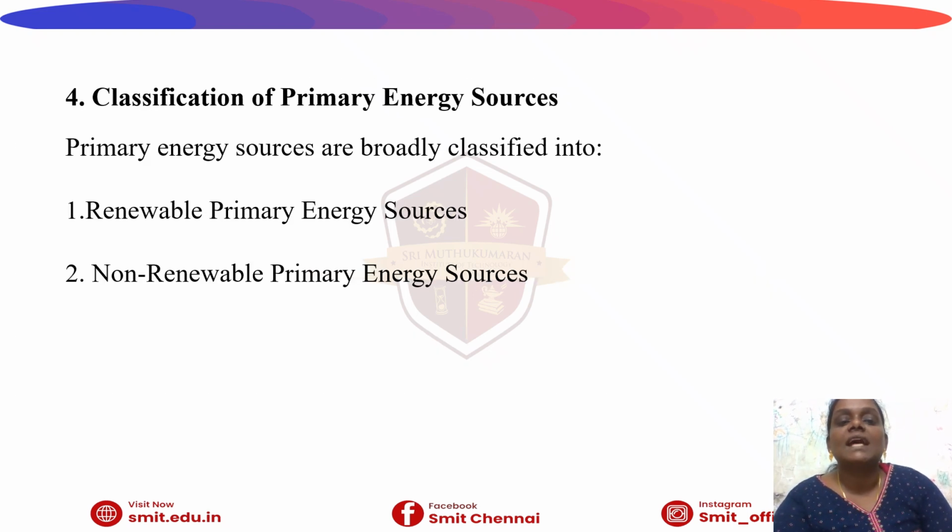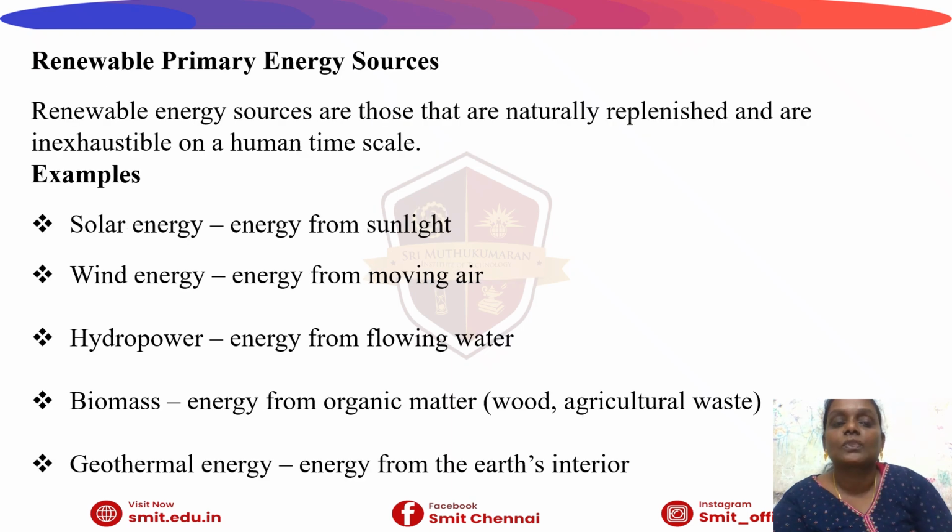And then classifications of primary energy sources. Primary energy sources are divided into two main types: renewable primary energy sources and non-renewable primary energy sources. Renewable primary energy sources are naturally available, and they are inexhaustible on a human time scale.